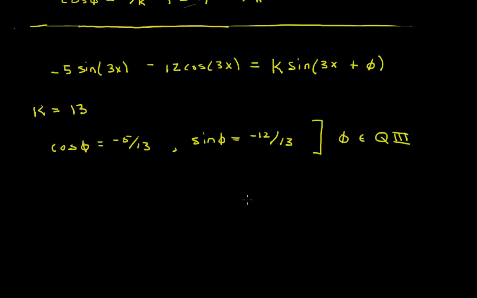Let's go ahead and use that one. So let's say I took the sine inverse of negative 12/13. And if we do that, our calculator is going to give us a value of negative 1.1760.